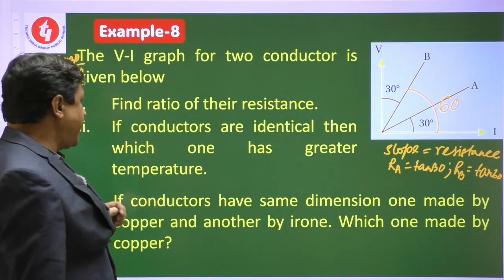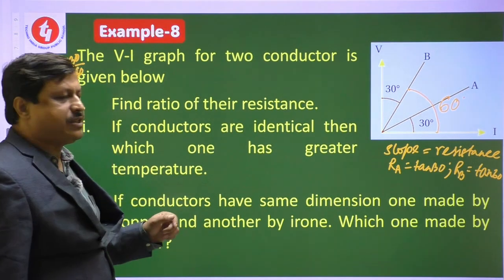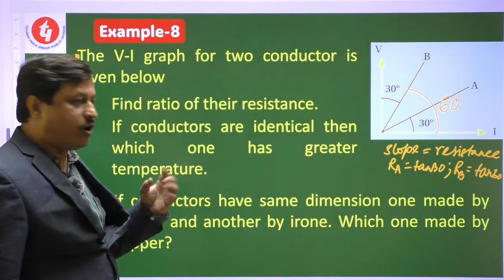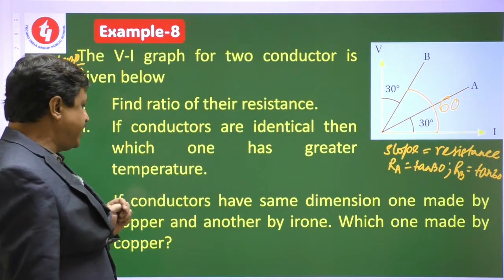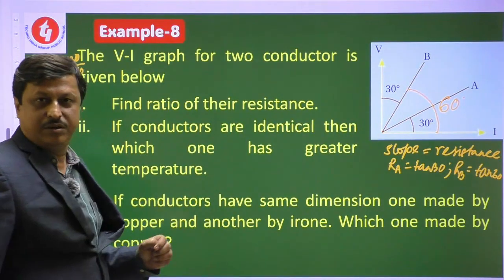If conductors are identical, identical means length, area of cross section, material all are same, then which one has greater resistance, greater temperature?